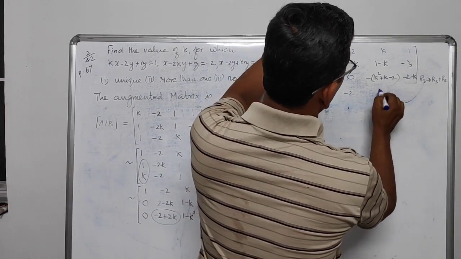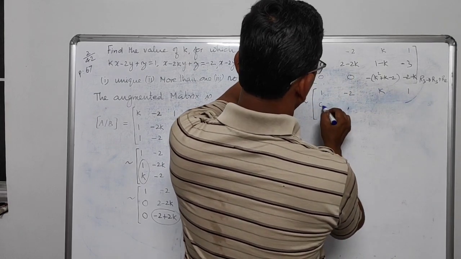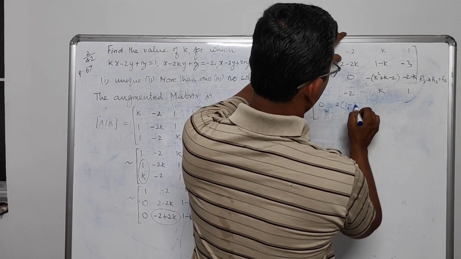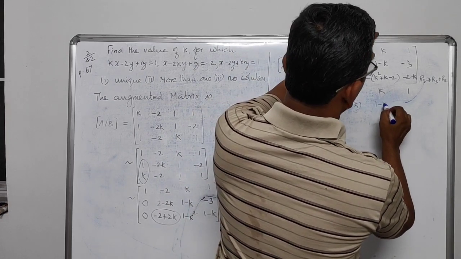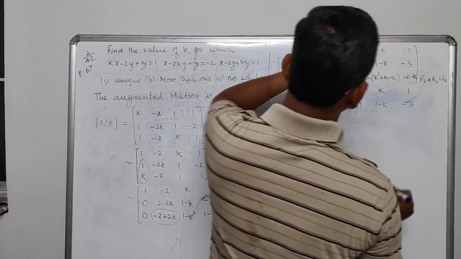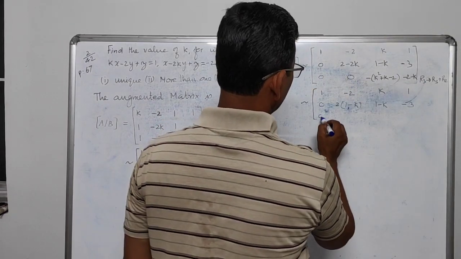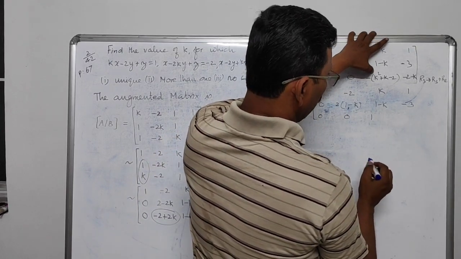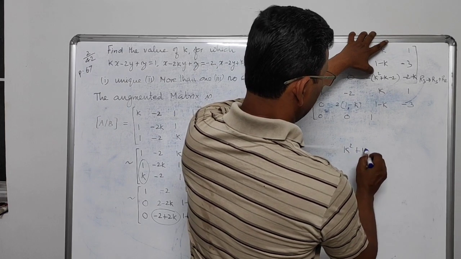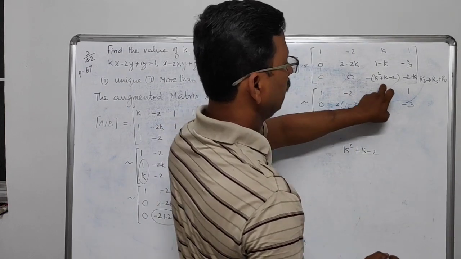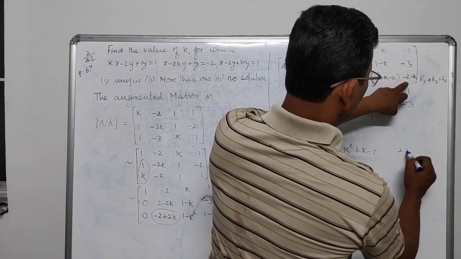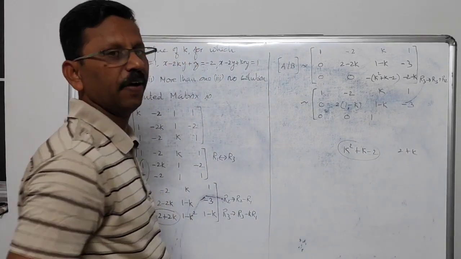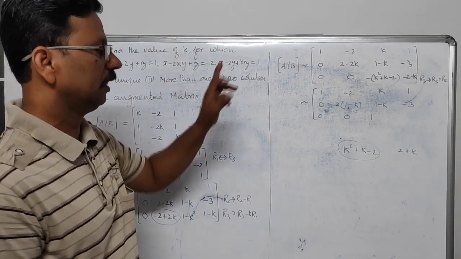1, minus 2k, 1. Then this is 0. If you need, you can take 2 common outside: 2 into 1 minus k. Then this will be 1 minus k and this will be minus 3. Then if you multiply throughout by minus, you will get 0, 0, and this is k square plus k minus 2, and this will be 2 plus k. Now see, this is a quadratic form. It is better to factorize, then only can we discuss these three cases.